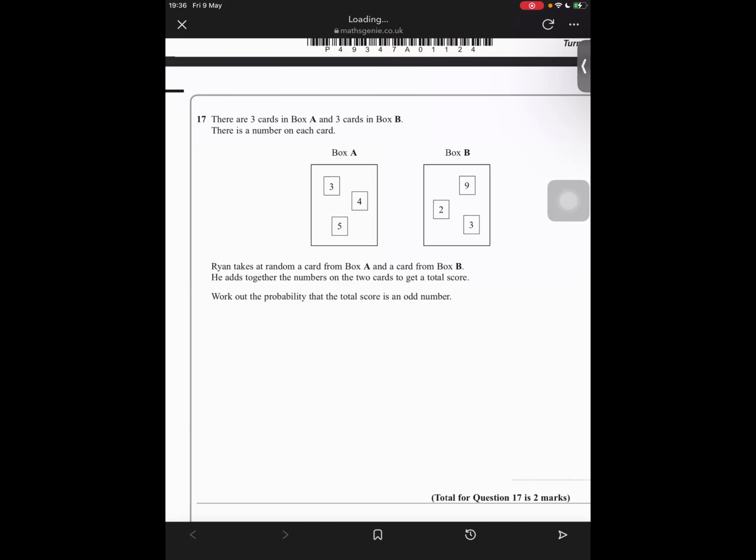All right, so for this kind of question, you have to be careful because you need to establish the chances of getting totals now. It's not just the number of cards in the box. So remember the formula for probability is what? Do you remember?